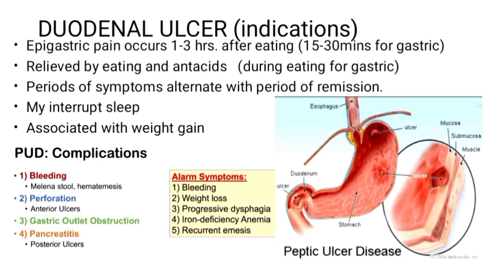But here, as we look at an overview, it is relieved by eating and antacid, periods of symptoms alternate with periods of remission, and it may interrupt sleep, also associated with weight gain.